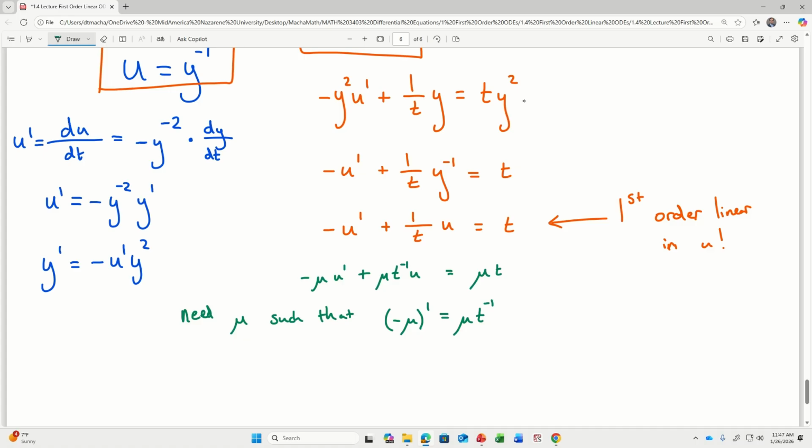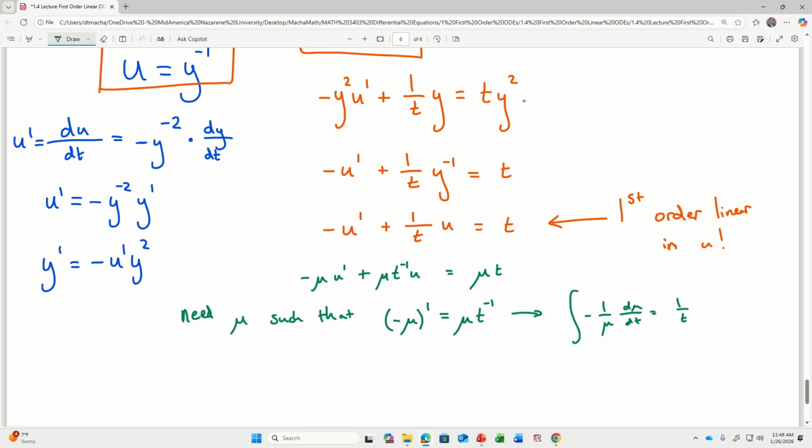Not 100% sure what that would be, so I'm going to just solve this ODE right quick. We write it as negative 1 over mu d mu dt is equal to 1 over t.